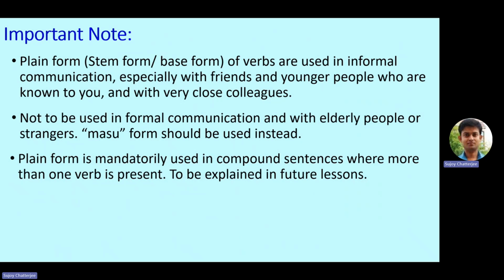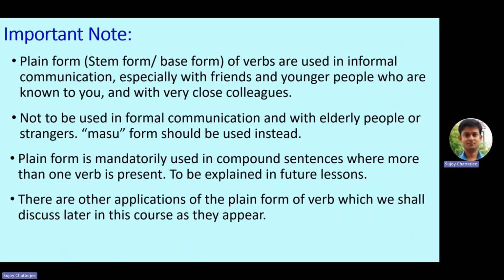This will be explained in very near future lessons when we start discussing simple compound sentences. Other than that, there are several other applications of the plain form of verbs, that is stem form, which we shall keep discussing later in this course as and when they appear in the lessons.